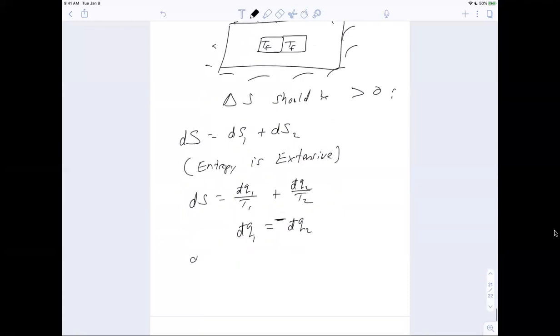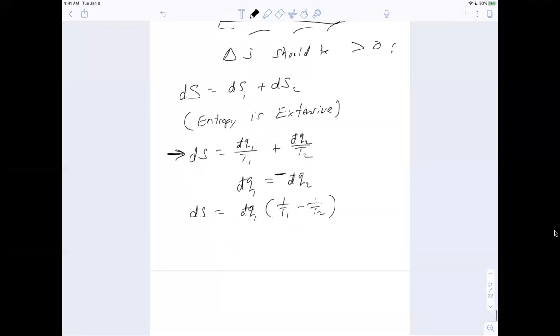And so dS is equal to, I'm going to take out dQ1, and that's just going to be 1 over T1 minus 1 over T2. Now we can do a little trick. That's going to be dQ1 times (T2 minus T1) over (T1 times T2).